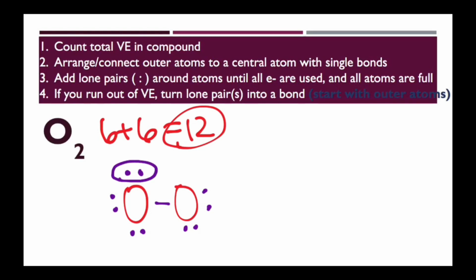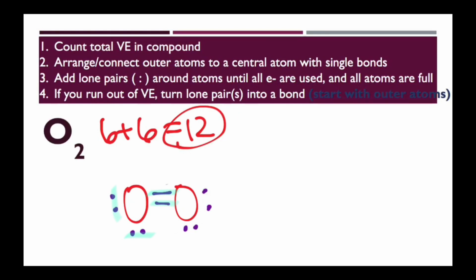What I'm going to do is take some electrons from my happy oxygen, the one that is full with all the electrons that it could want, and instead of letting it keep those electrons all to itself, we're going to make it share them as an additional bond between these oxygens. So now that those have moved, I can erase them from where they came from. And if you double check, I've used 2, 4, 6, 8, 10, 12 electrons still.